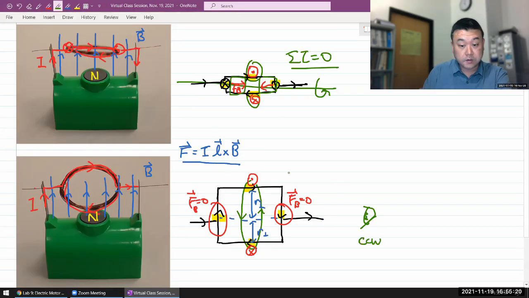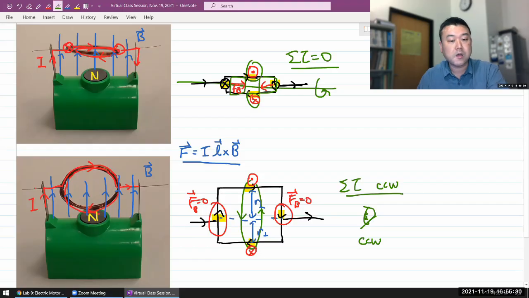Yeah, so from this observer's perspective, net torque is counterclockwise. So that's the torque on the loop of wire. Applied over some amount of time, that'll cause the loop to rotate, and that's exactly what you see with this world's simplest motor.